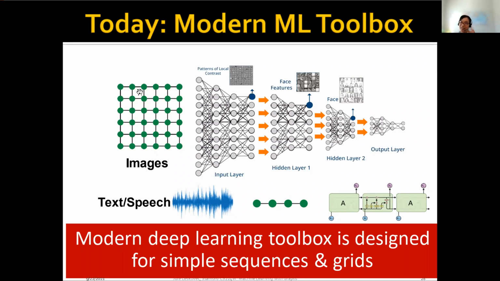So you can know the size of the grids, for example, right? So it's a very structured format of the nodes. And also for the text and speeches, they are a sequence. Right? So each of the words or the audio signals, you can lay them out just one dimensional, right? And then you can use convolutional neural network or LSTM to model them.